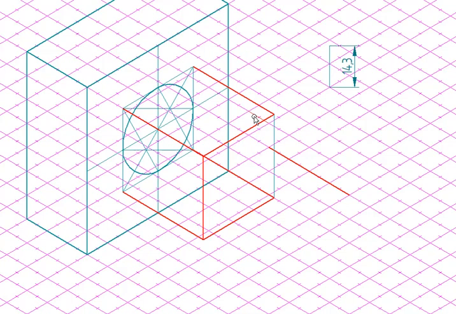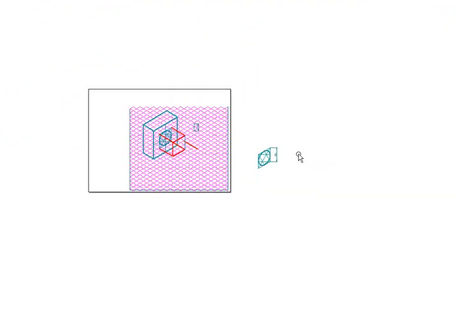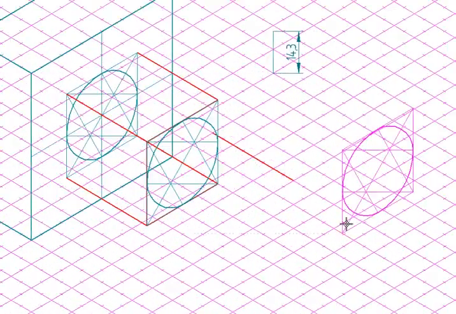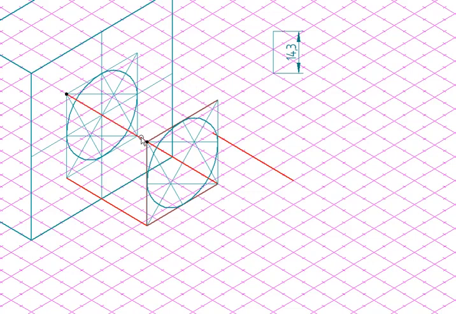After drawing it, again we need to draw the same way. Draw the major axis, from here the minor axis, join it, then again draw the ellipse. So now I have drawn this ellipse.